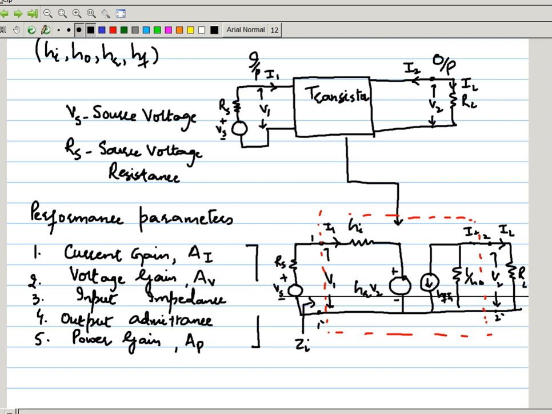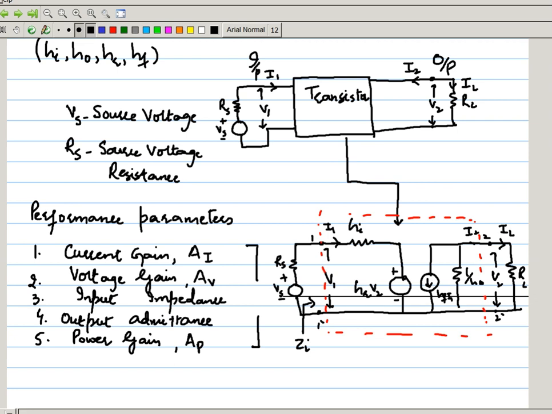The performance parameters which we need to evaluate when using the transistor as an amplifier circuit can be the current gain, the voltage gain, the input impedance, the output admittance, and the power gain. These are the parameters which can be evaluated and which are important.